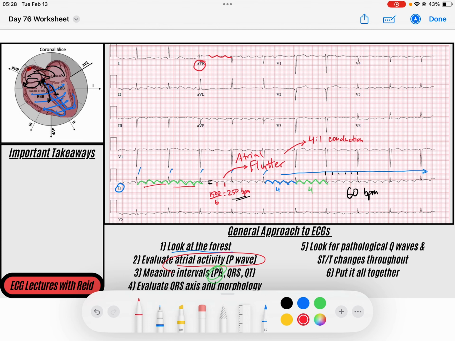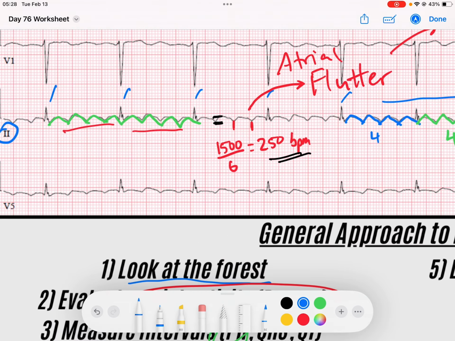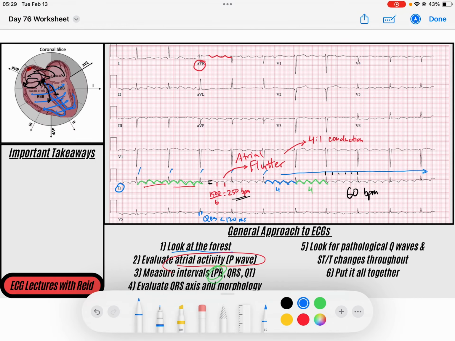The next thing I'm going to do is evaluate my QRS complex, because we can still do that here. I see that we've got a narrow complex QRS, right? If we measure that out, the QRS width is less than 120 milliseconds. My QRS axis is upright in lead 1. It's downgoing in AVF. And so we know that it's going up and to the left.